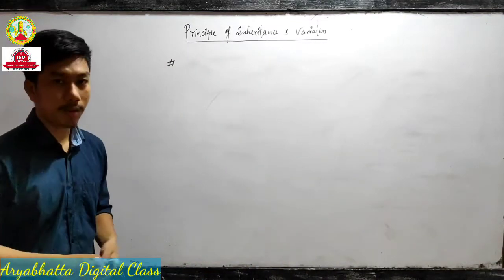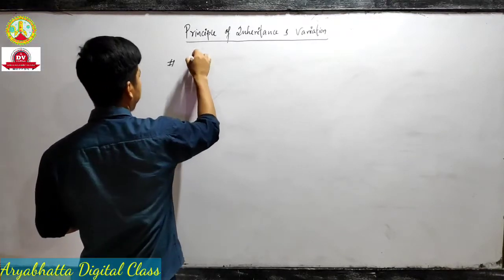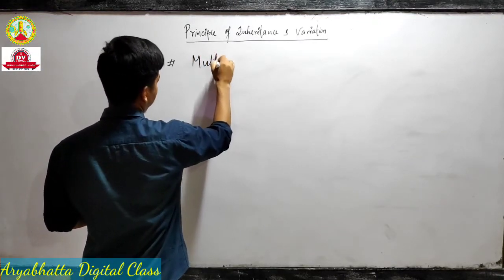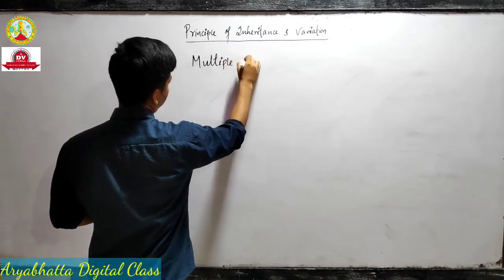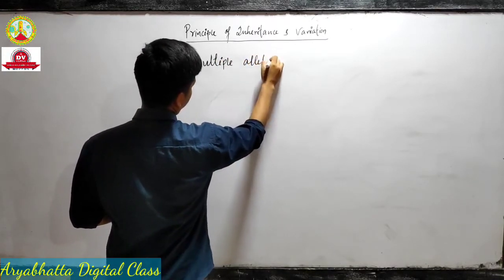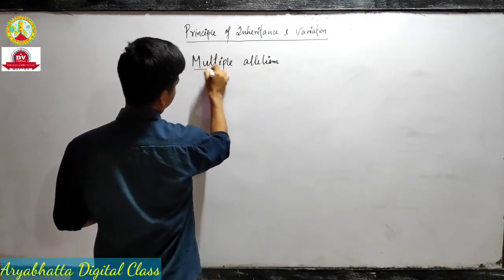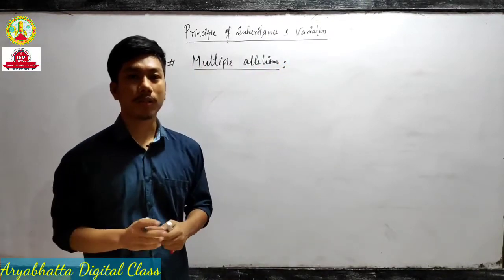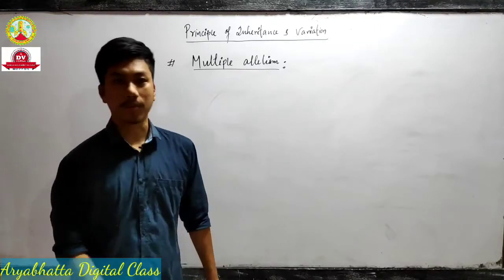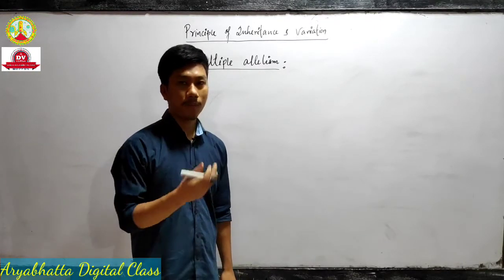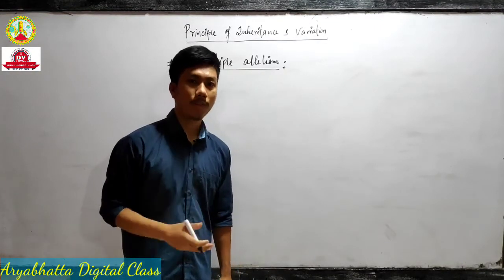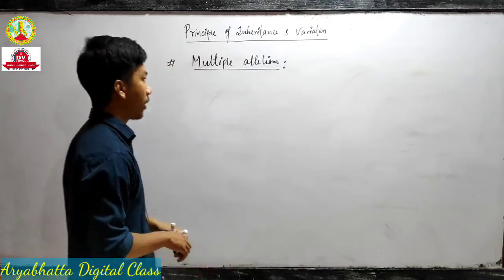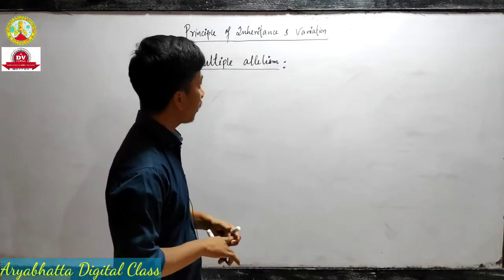Next we will discuss multiple allelism. Whenever we discuss all those topics, we need to discuss with respect to example. Examples are important. First we have to mention the example, then we have to do crossing, and we have to show the result. So multiple allelism.